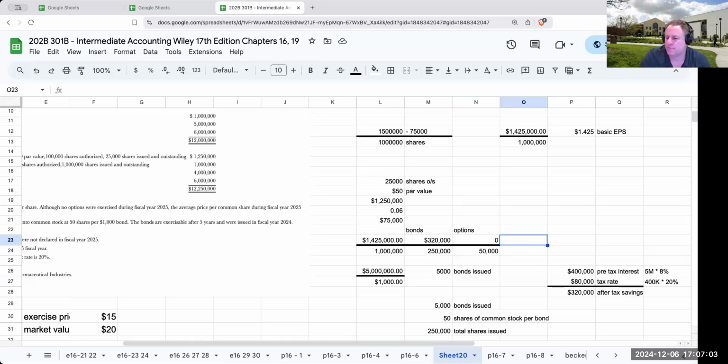So my new fully diluted earnings per share is going to be the basic earnings per share plus the after-tax interest expense being added back, and then I'm adding the basic common shares outstanding plus the shares being issued as a result of the bond conversion plus the incremental shares as a result of the options as-if exercise. So my dilutive earnings per share is going to be $1.34, or that nice unround number.